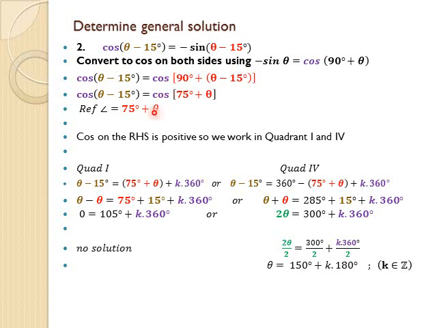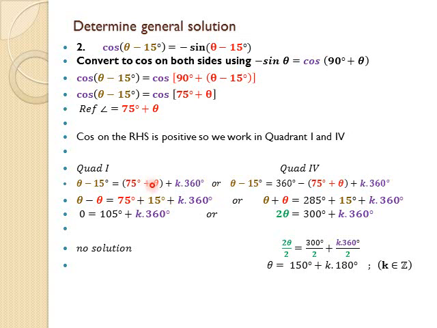So quadrant 1: theta minus 15 equals 75 plus theta plus k times 360. Remember cos, always 360 degrees to plot a full cos graph. Quadrant 4: theta minus 15 equals 360 minus (75 plus theta) plus k times 360.